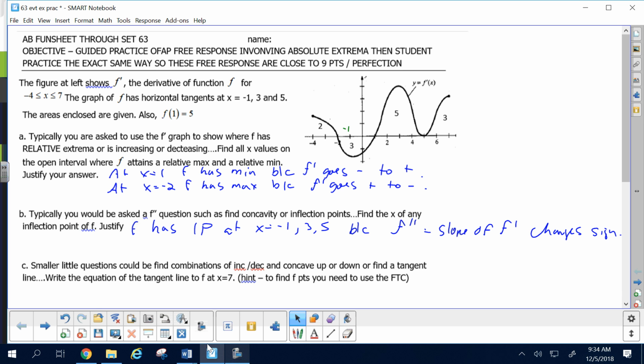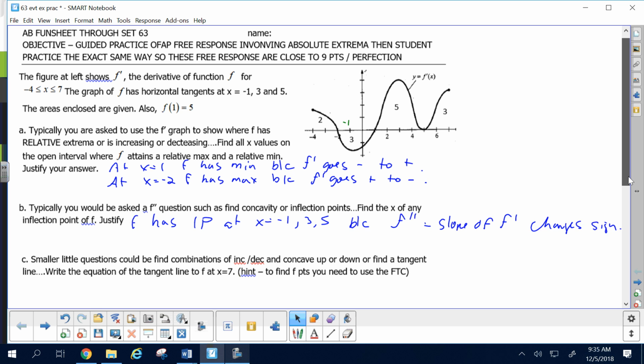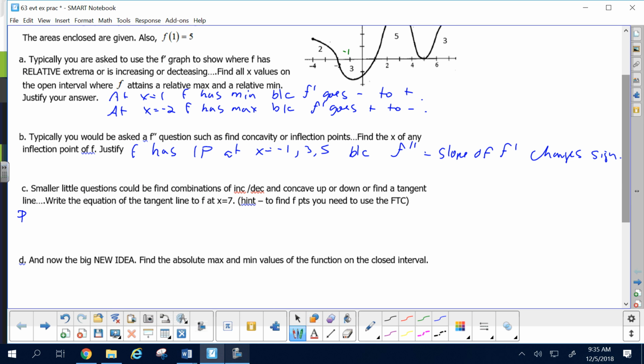So I was curious. Yes. Because it says to find F points using... Ready?